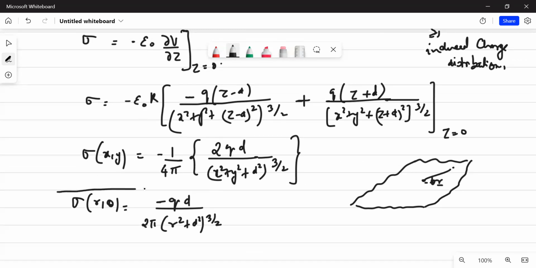So this is your sigma as a function of r comma theta. Is that clear? This is how your charge would be distributed on the surface of the conductor. Is that clear?